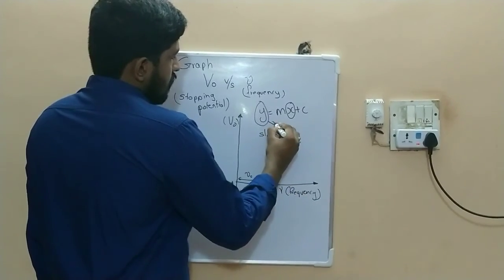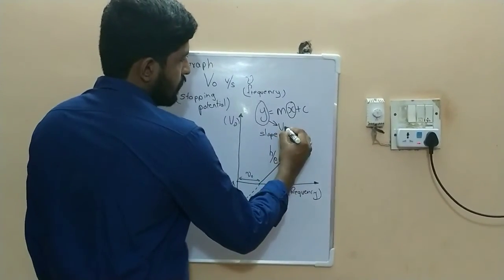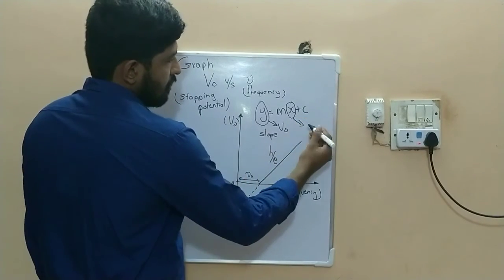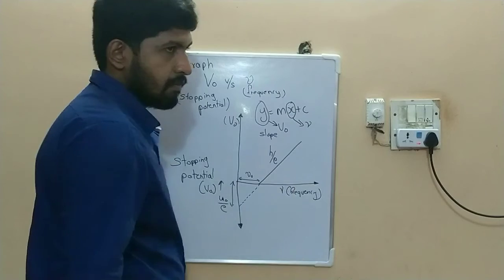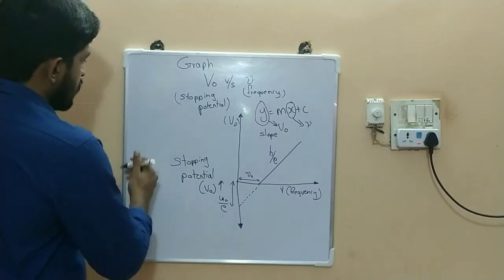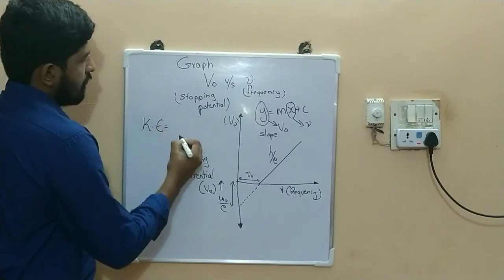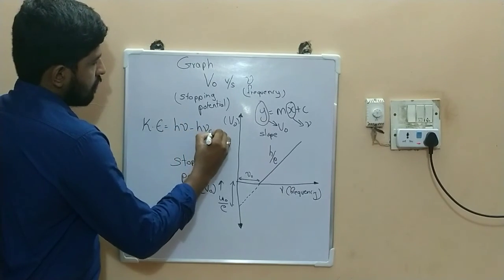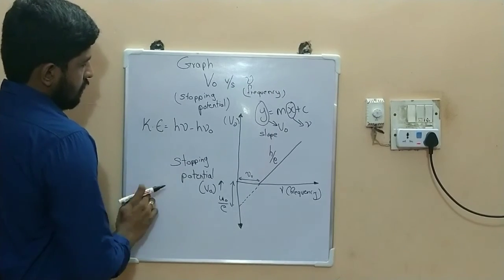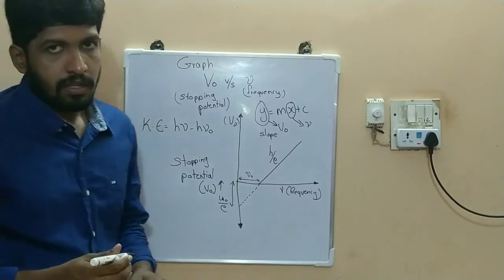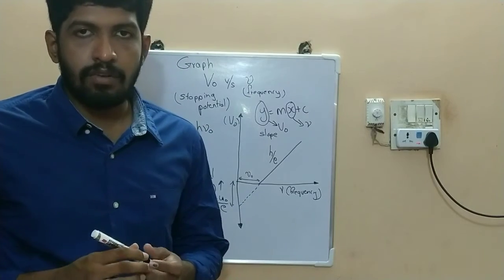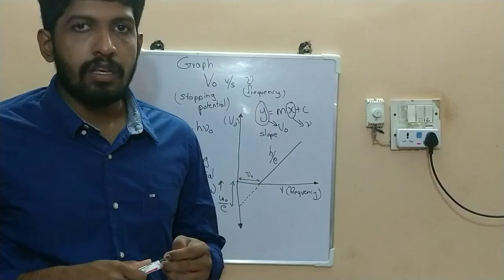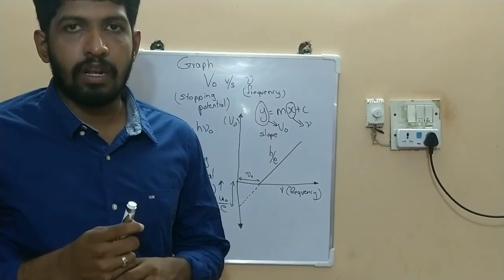Here y is V0 and x is frequency. So we have seen the equation: kinetic energy is equal to h into nu minus h into nu 0. Here the kinetic energy exerted on an electron is equal to the stopping potential times the charge on one electron.